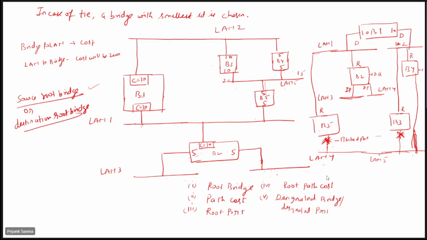Because bridge B1 is the source bridge, so this port will be blocked and this port will be blocked, because any one path should exist when we are moving from bridge B1.